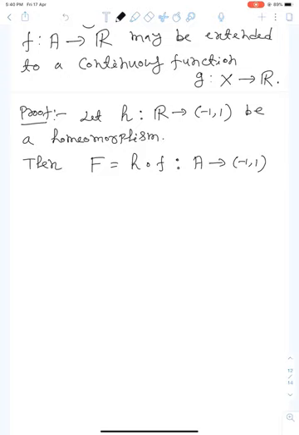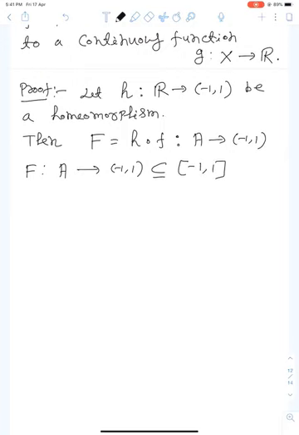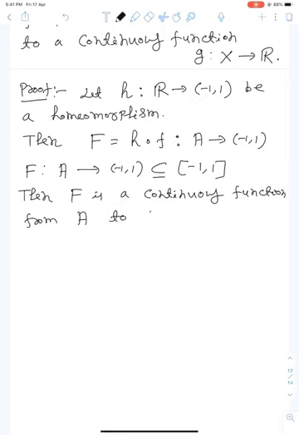Now we can consider this function to be into the closed interval [-1, 1], a superset of (-1, 1), right? So then h∘f is a continuous function from A to [-1, 1], right?